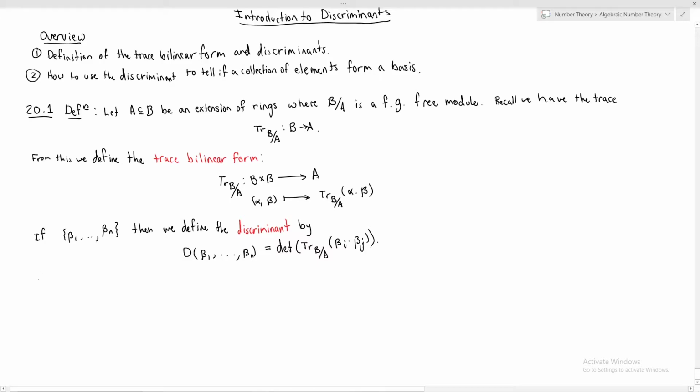So the first thing I want to say is basically, if these guys are a basis, what happens when I change basis? What does that do to the determinant? So that's a natural question.